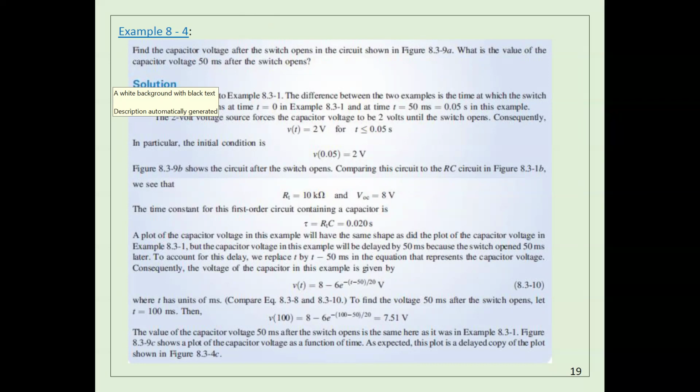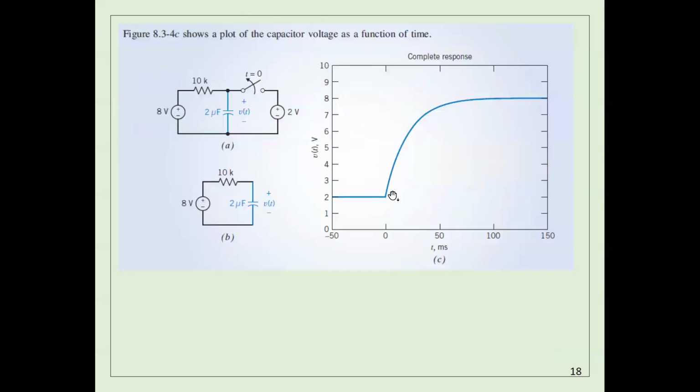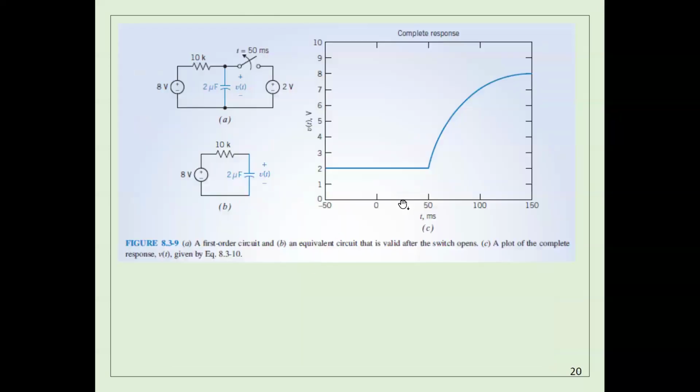So how will this impact the solution? Nothing. All that's going to happen here is, instead of starting charging from 0, I'm going to start charging from 50 milliseconds. So that's why you see it here. Look, see the difference? Because I open the switch at this time, not at 0. You get what I'm saying?